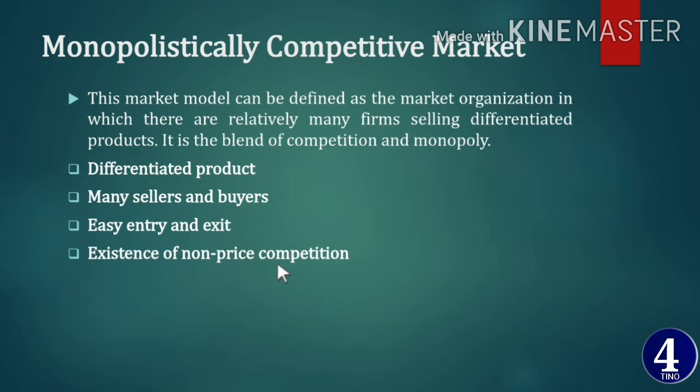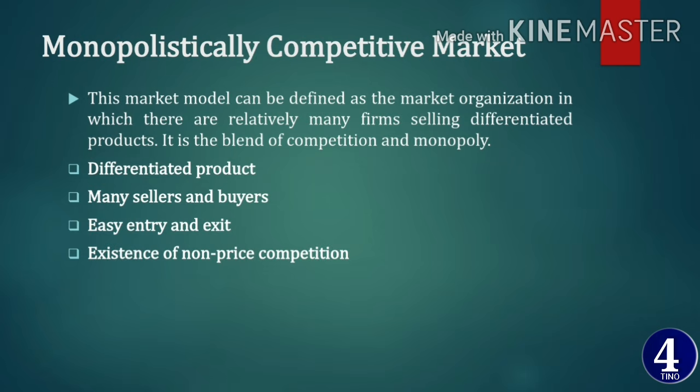Non-price competition, for example, advertisement. What is the reason behind it? Because you are selling similar but not exactly the same, which are differentiated products. So you have to tell buyers that your product is different and special compared to the others. So yes, there is an existence of non-price competition.